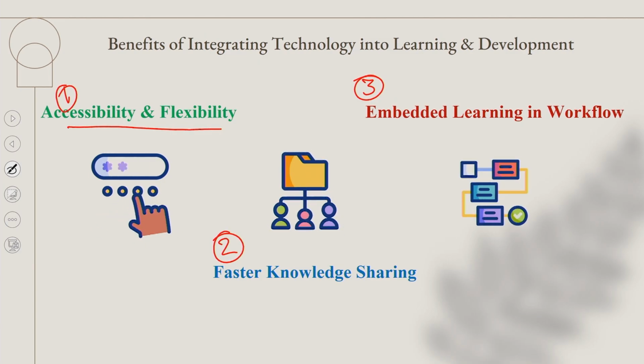Let's take an example here. Let's say a customer service representative gets a 2-minute refresher video on handling complaints before taking calls each morning. That would be quite refreshing, and that would be the instant benefit that the person is getting because of the availability of the technology at his or her disposal.